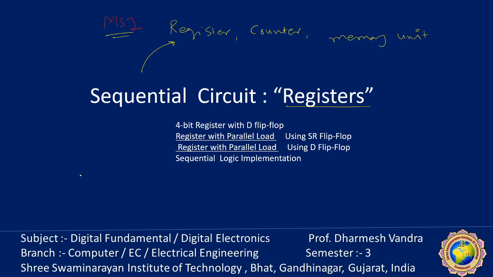A simple definition: a register is a group of binary storage cells suitable for holding binary information.